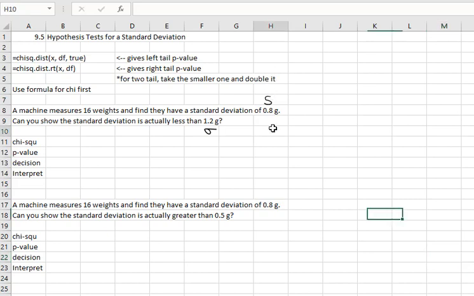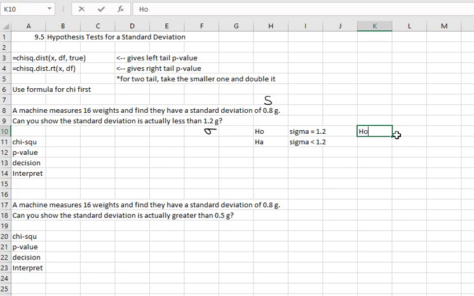So if we want to set up our hypothesis test, our null hypothesis is that sigma is equal to 1.2, and the alternative hypothesis is that sigma is less than 1.2, because we're trying to show it's actually less. Now this hypothesis test is set up with the standard deviation, but we could have set it up with the variance as well.